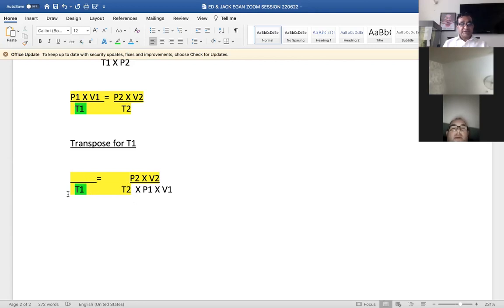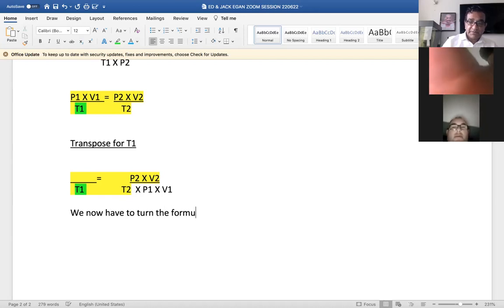Now what we're saying, this is underneath the line here. So we're saying that over is equal to that. So what we do is we turn it upside down. We now have to turn the formula upside down.